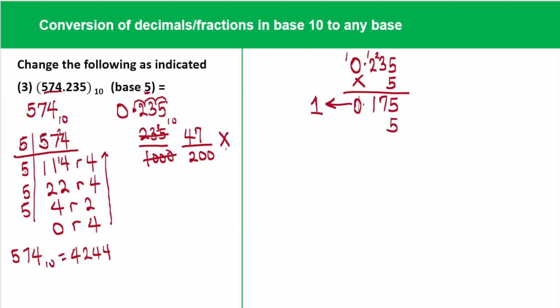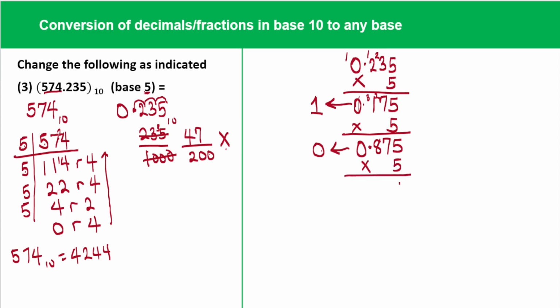We repeat the process again by multiplying by the base again. 5 times 5 is 25, we write 5 and carry 2. 5 times 7 is 35 plus 2, that's 37, we carry 3. 5 times 1 is 5 plus 3, that is 8. 5 times 0 is 0. Again, the whole number digit here is 0, we push it out. If we move the 0, we will still have 0 here, so we'll multiply again by 5.